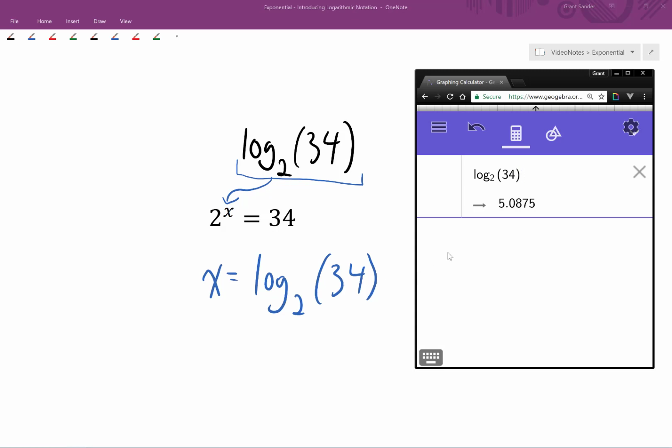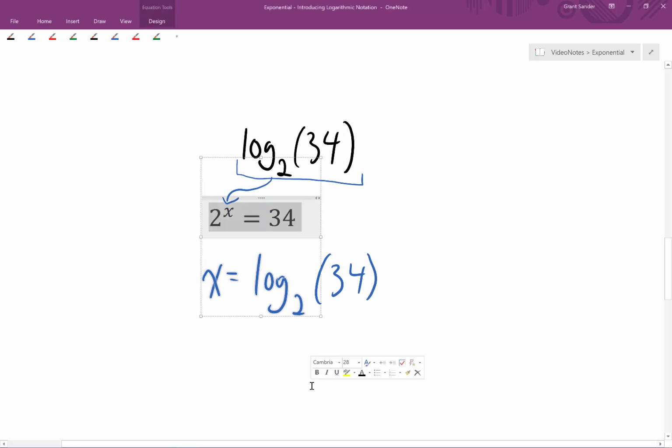So when I do that, it tells us that log base 2 of 34 has a value of about 5.0875. So if we want to know the solution to this equation, we figured it was probably a little more than 5. And this tells us that it's about 5.0875. And that whole log expression represents the exact value of that exponent.